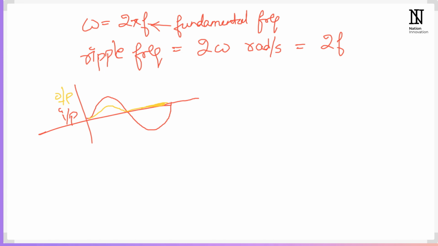There is no output for the negative cycle, then again for the next positive half it will have output. So the frequency is doubled in case of a half wave rectifier. This is very important: for a half wave rectifier, ripple frequency is twice the fundamental frequency.